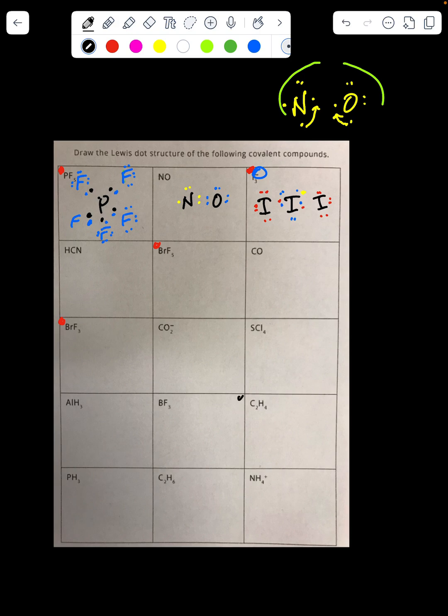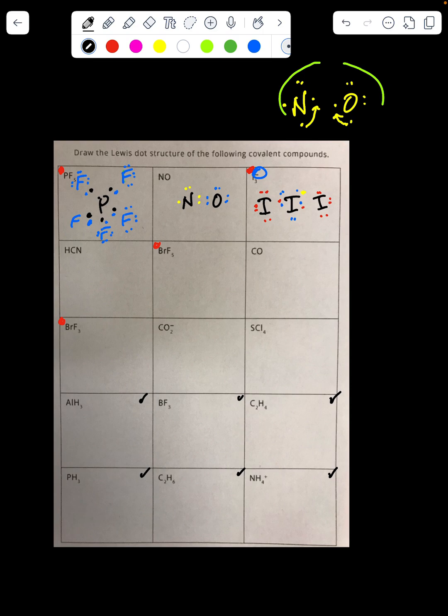I think this one's going to be pretty simple. This one's going to need a double bond. This one you actually remove an electron, so it turns out to be pretty simple when you remove one electron from nitrogen. This one, we've actually done a cousin of this, so this one down here will be very simple. This one's pretty straightforward.